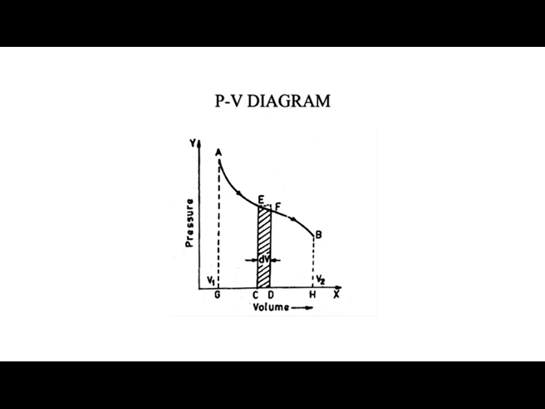Let the pressure and volume of it be changed quasi-statically from a state represented by a point A to another state B. From this figure, it is clear that A is the first state and B is the final state. Here pressure is drawn along the y axis and volume is drawn along the x axis. So, it is a PV diagram, an indicator diagram.